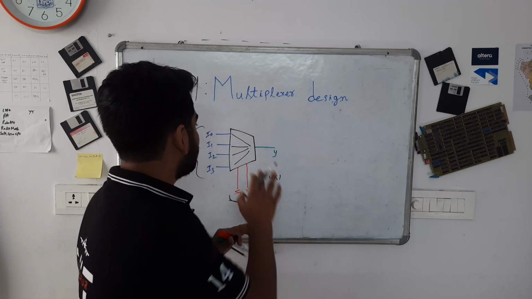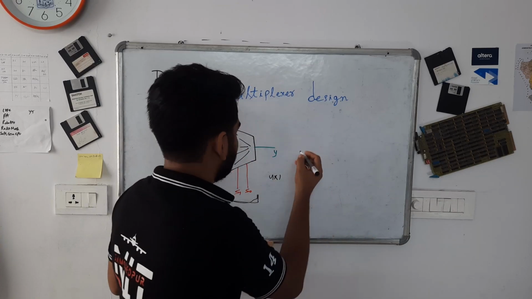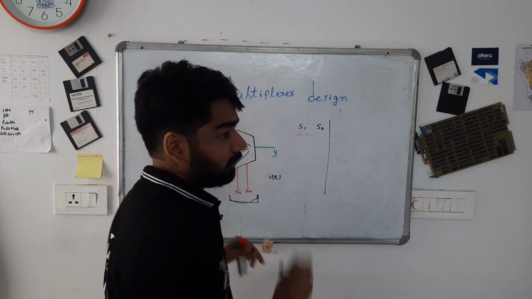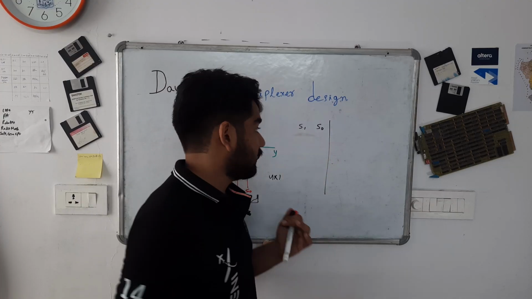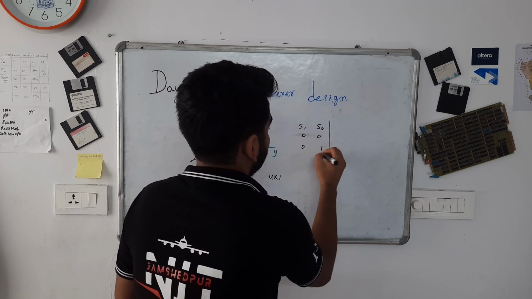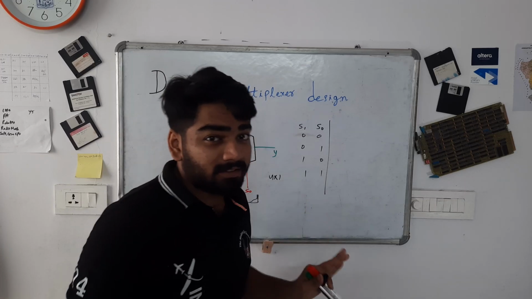So let's make a simple truth table. For two selection lines we have four possibilities in Boolean algebra, right? We have 0 0, 0 1, 1 0 and 1 1. These are the four possibilities using the two lines.